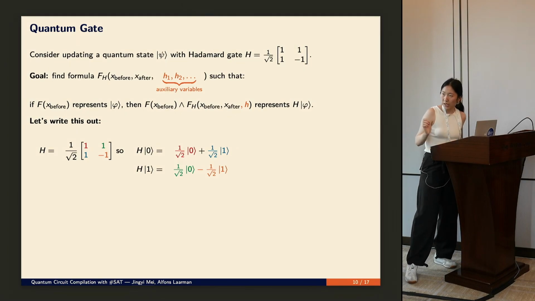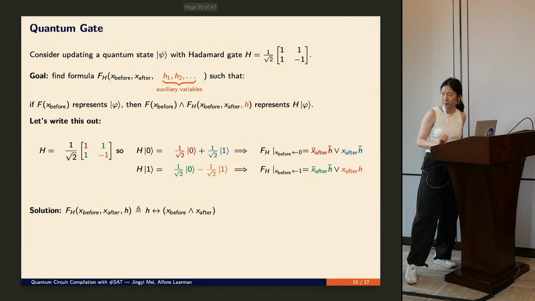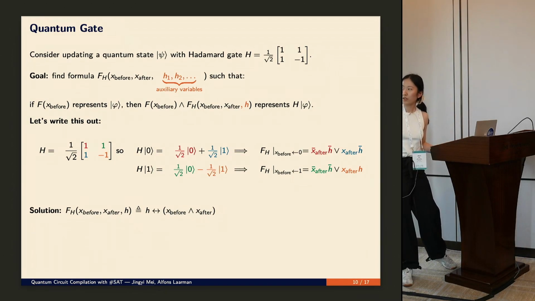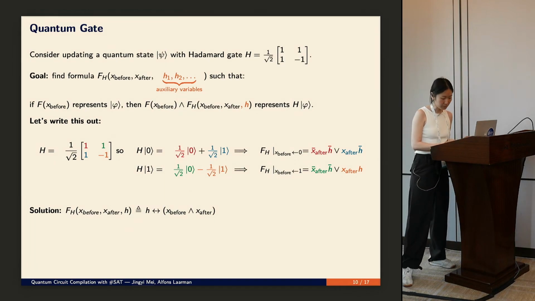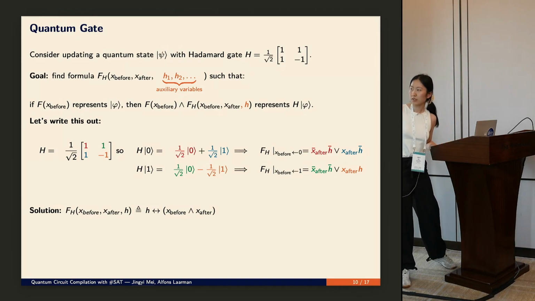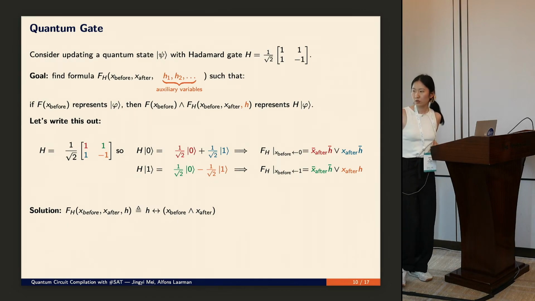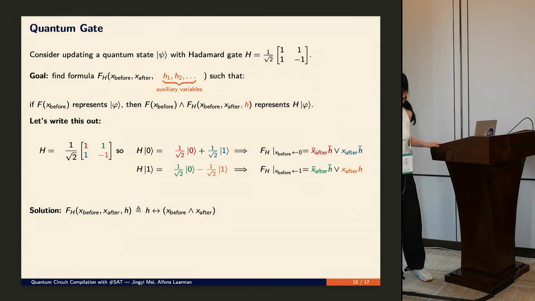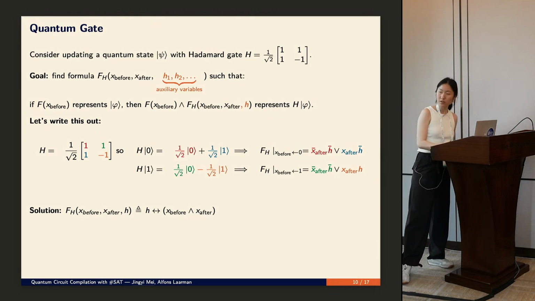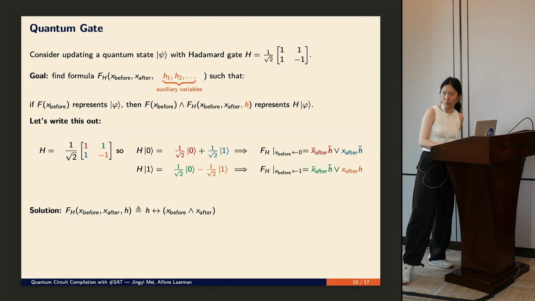And let's write it out. We have the Hadamard gate, and then I can compute how the Hadamard gate performs on each basis state. I can write out the Boolean formula of each case, and then by combining these two formulas, I can get how this H gate will perform on one qubit.